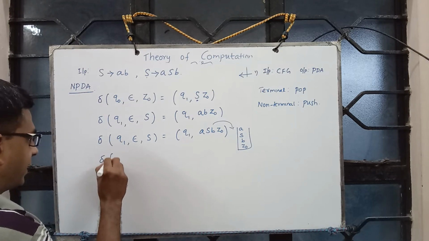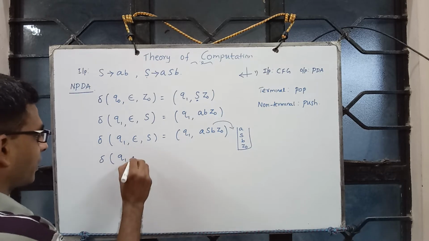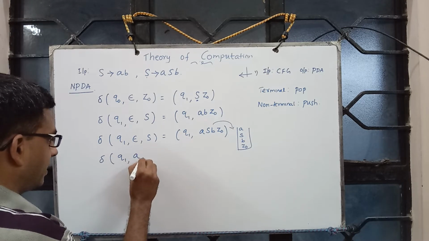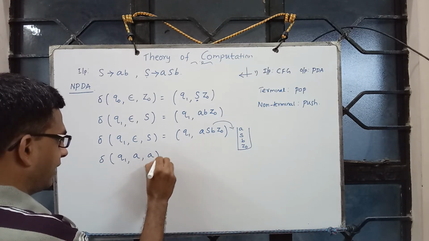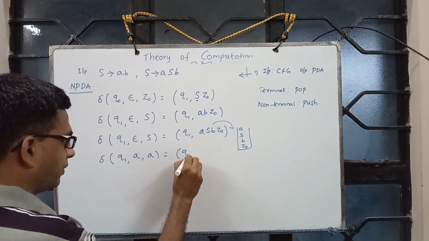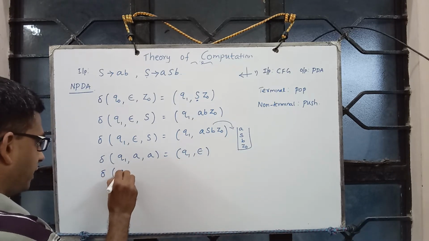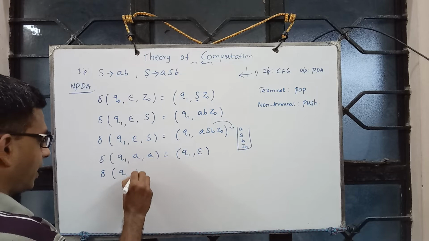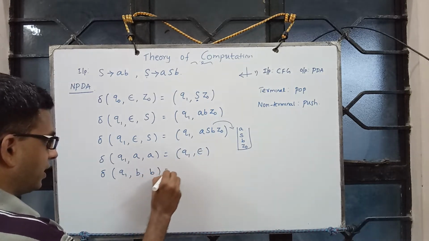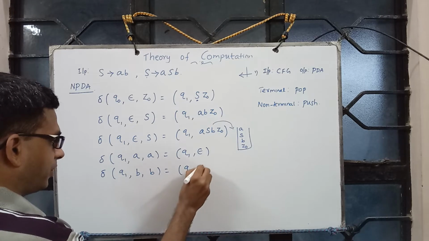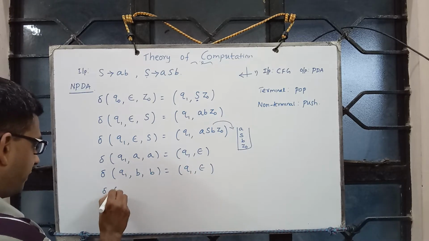Now there is no match with the input tape. Now the match can happen. You are in Q1, you read A, and what is there on the stack is A, then you go for pop. Or you are in Q1 and what is there on the stack is B, then you go for pop. Finally, what will happen?